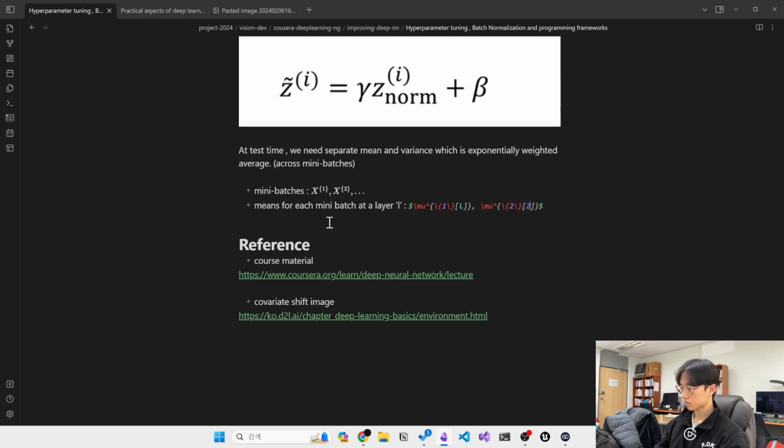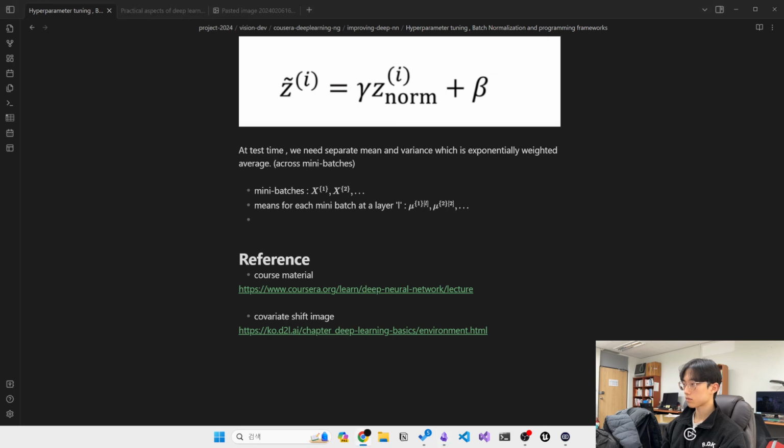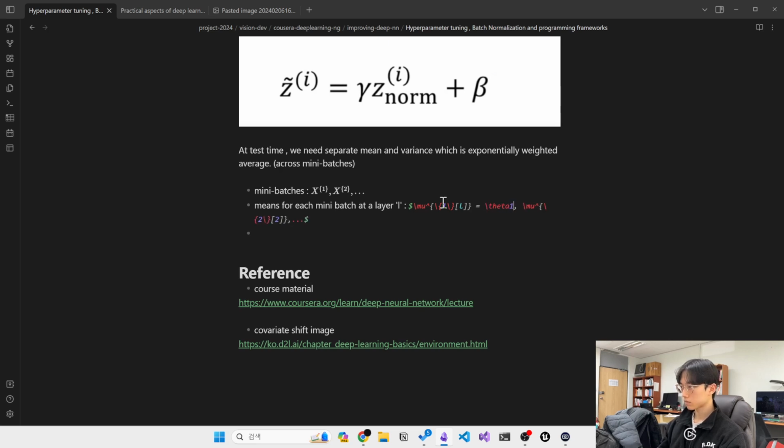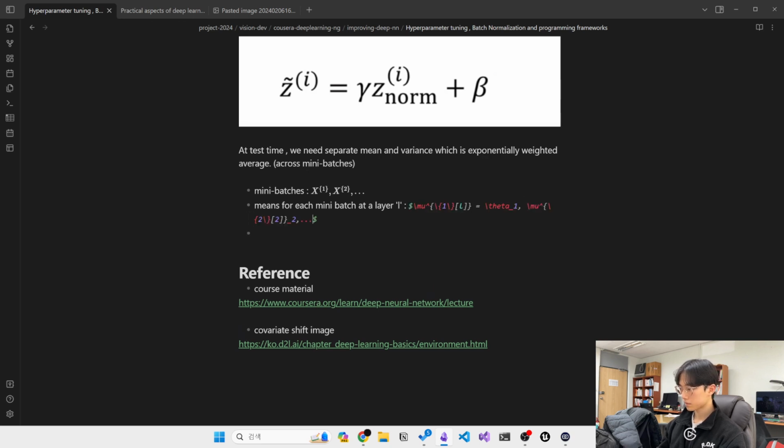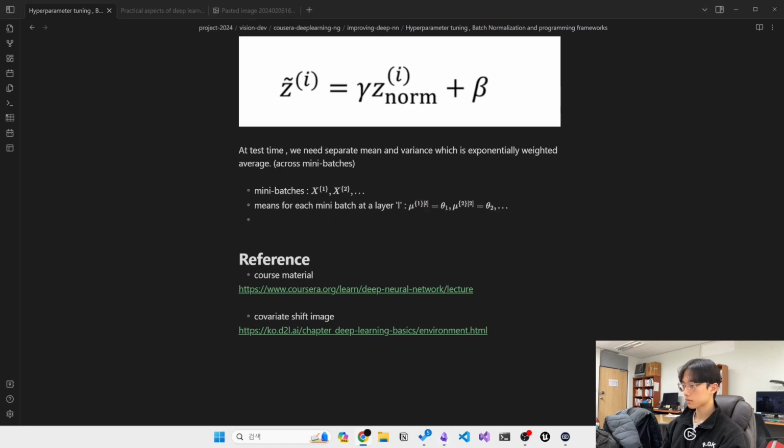So that exponentially weighted average becomes your estimate for what the mean of the z's is for that hidden layer.